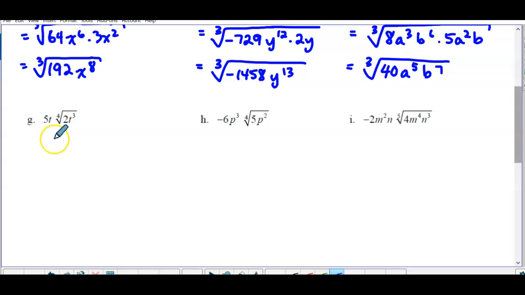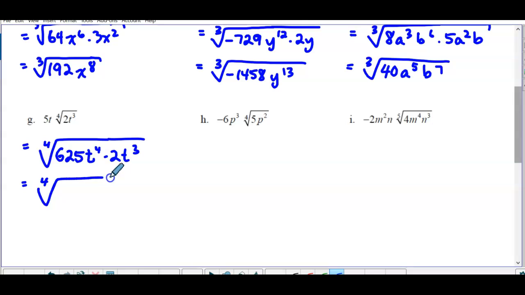And then fourth roots. So 5 to the 4th is 625. T to the 4th times 2t cubed. So that's going to be 1250 t to the 7. Here, it's a negative out front. It's an even exponent, so we have to leave the negative out front.